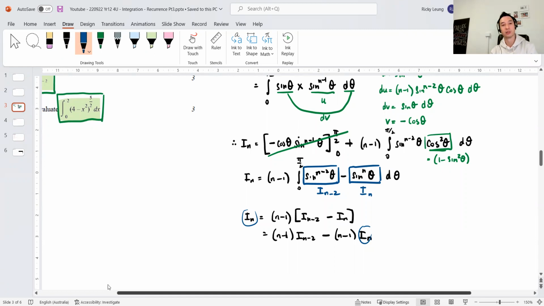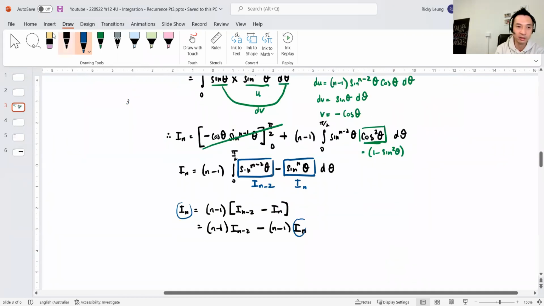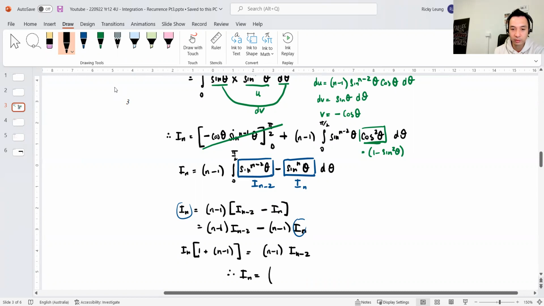Let me just check. Yep, perfect. Just n. So when I take it over and factorize, it's 1 plus n minus 1, which equals n. So therefore, the recurrence statement has been shown.